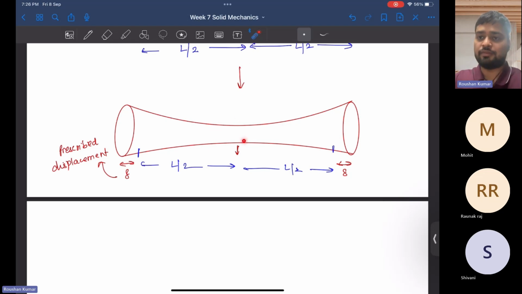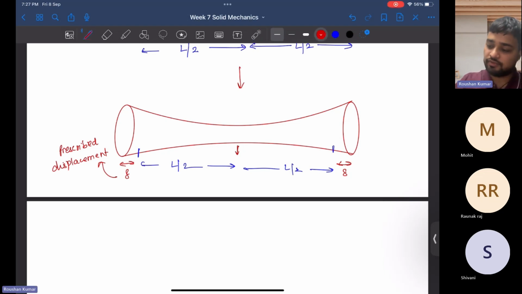Also, the radial displacement UR is a function of R, because at R equal to 0, at this line, the center line, the deformation is also equal to 0, that means UR equal to 0. But as you increase the radius, you can see that there is a displacement. So we can say that UR, the radial displacement, is also a function of R.